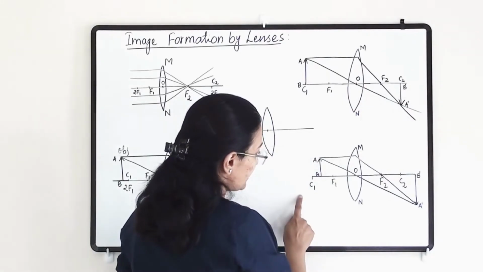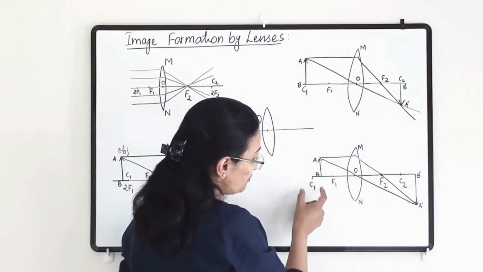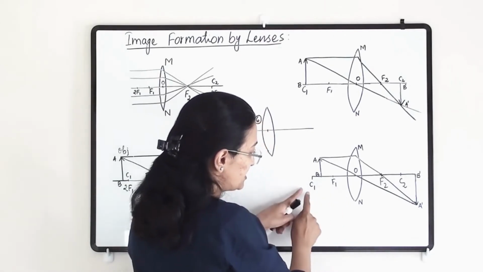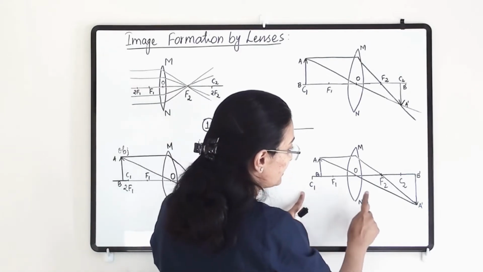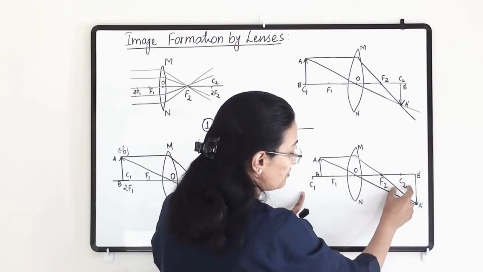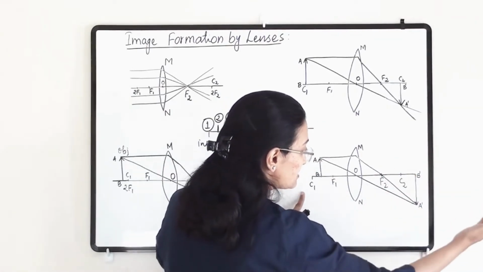Now in the fourth case, when we are moving towards F1, we are keeping our object in between C1 and F1, in between the center of curvature and the focus point. At that time we will get the image beyond C2, beyond the center of curvature on the other side of the lens.